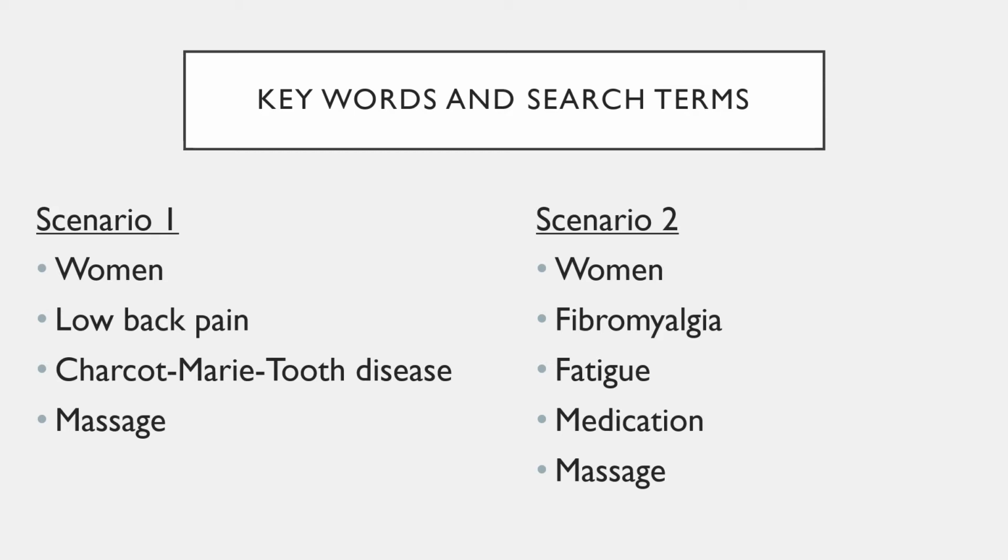You're going to get probably a couple thousand articles, journals, sources for women and massage. But we want to narrow it down a little bit. So we want to look at things like low back pain. We want to look at Charcot-Marie-Tooth disease. And we want to look at massage. So you can put those things into your keyword or search terms. They call them Boolean. So you can narrow those down a little bit.